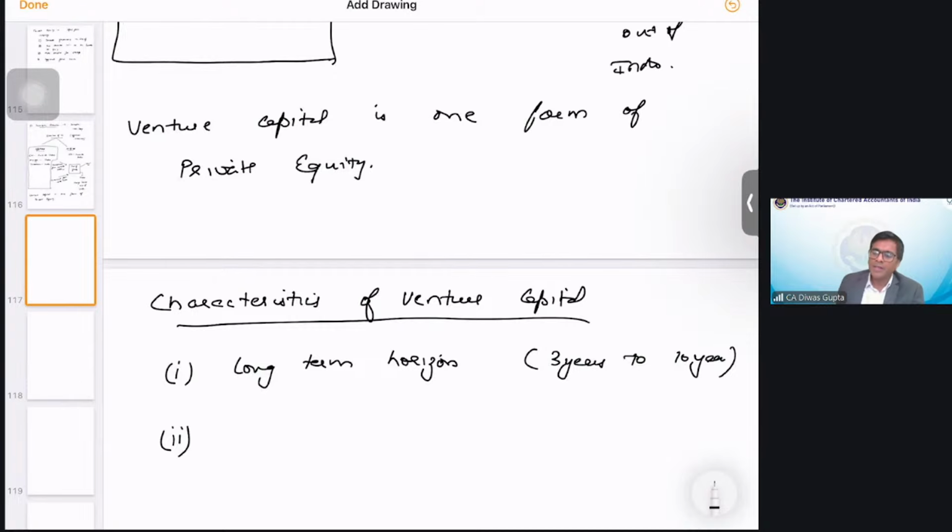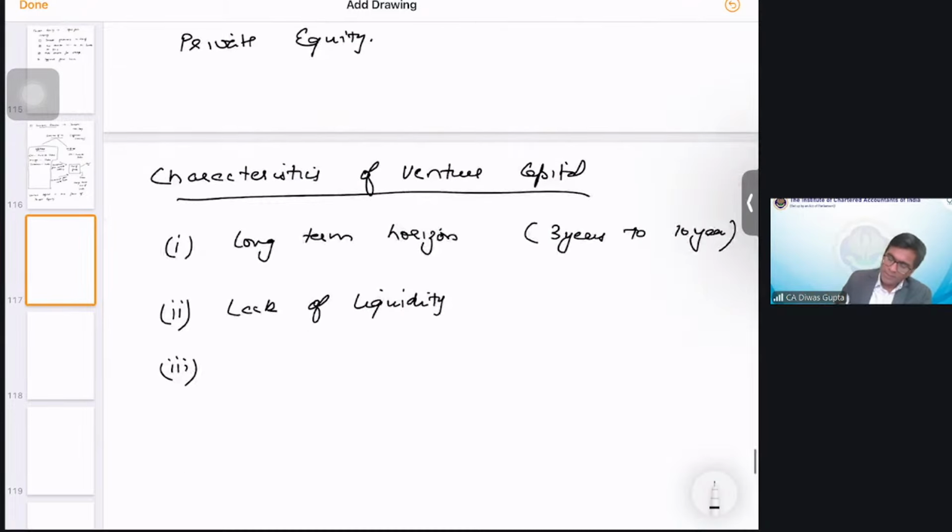Second, there is a lack of liquidity. Why? Because they will invest and keep their investments for some time, right? And hence there is a lack of liquidity. Then there is a high risk because they are investing into highly risky ventures which don't have an established way of doing things.